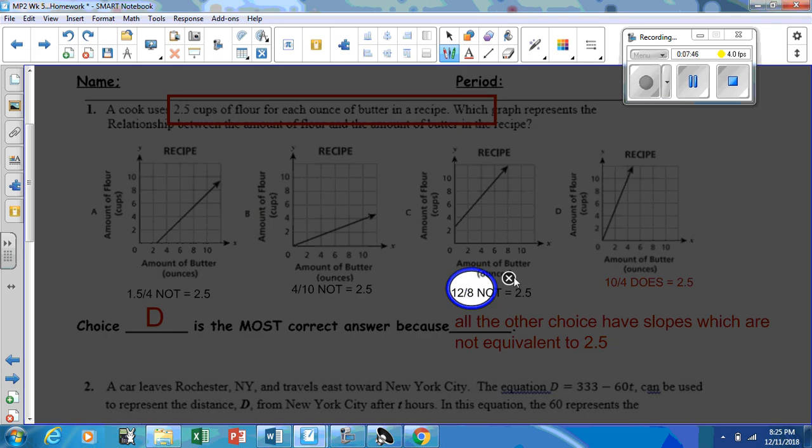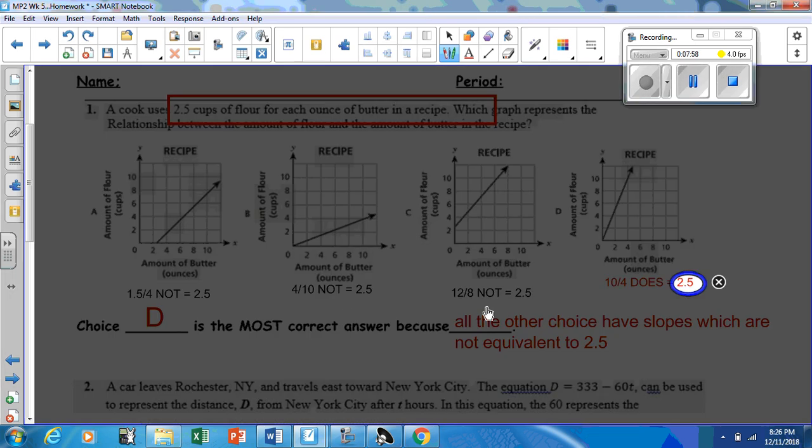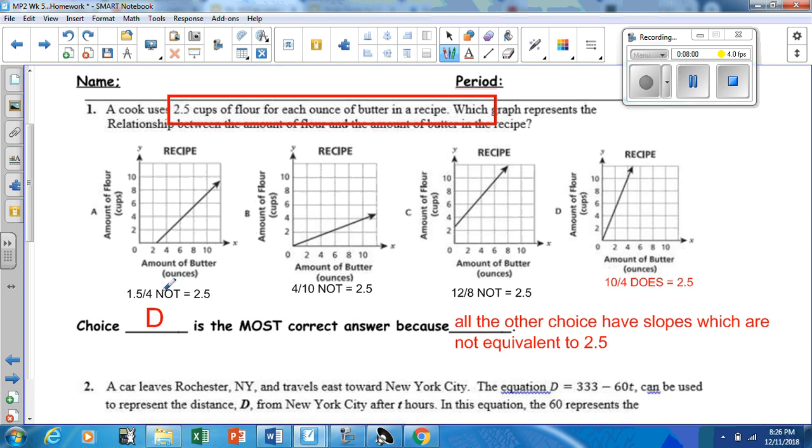Let's take a look at this Rochester question. In the Rochester question, I'm told that we're going to travel from Rochester towards New York City, and we're using this function as our standard.